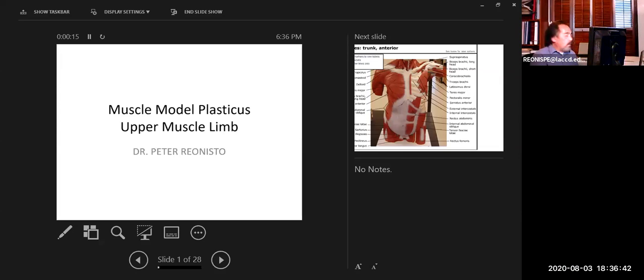So, muscles of the upper limb. Remember, these are your muscles that are located at your arm and forearm. And we have two kinds of compartments there, anterior and posterior, and then anterior and posterior for the forearm too.